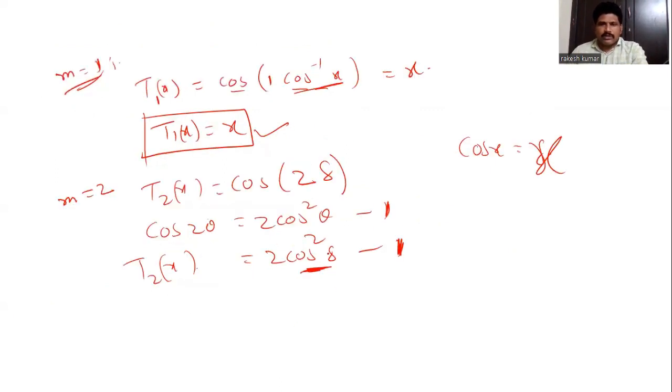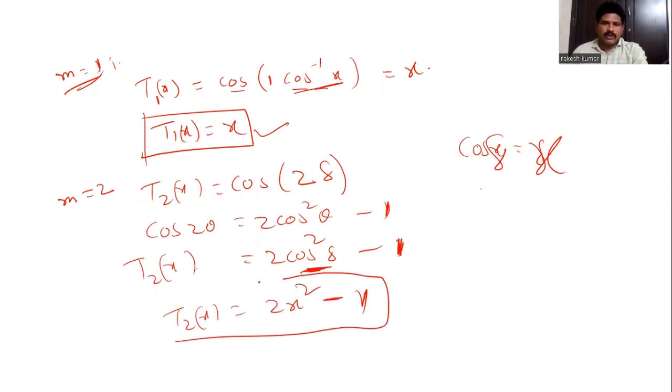Therefore, in the cos square, cos delta is equal to x. So can I replace this? 2x square minus 1. So this is the expression for T2 of x.